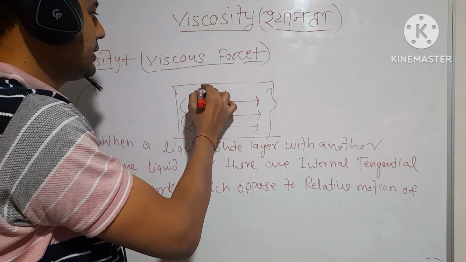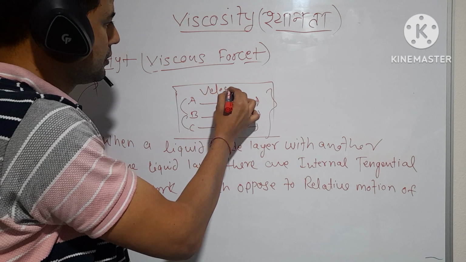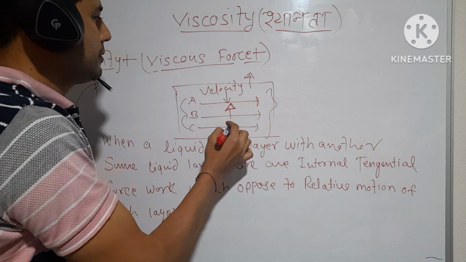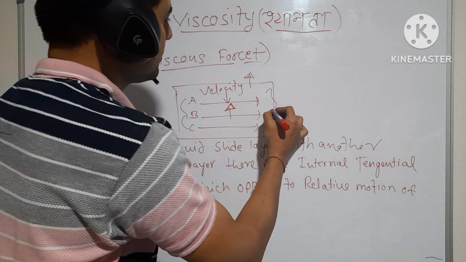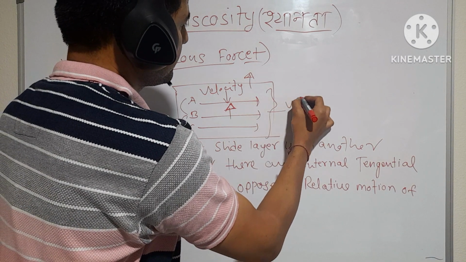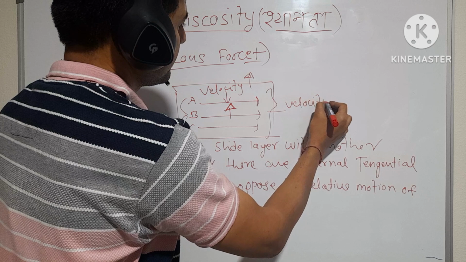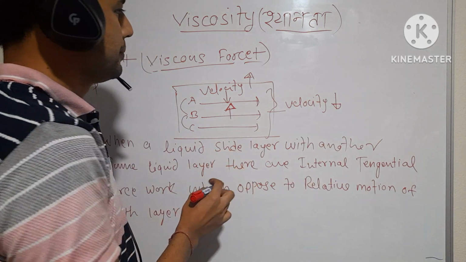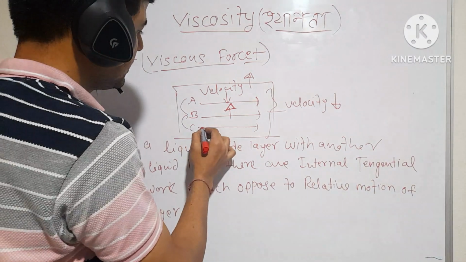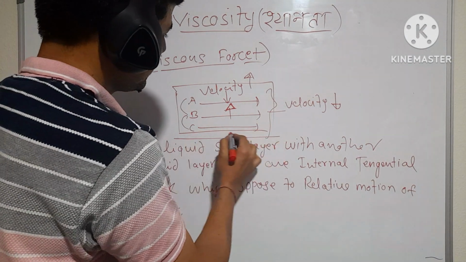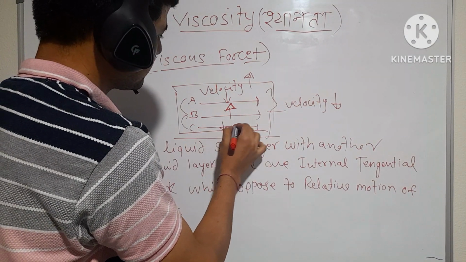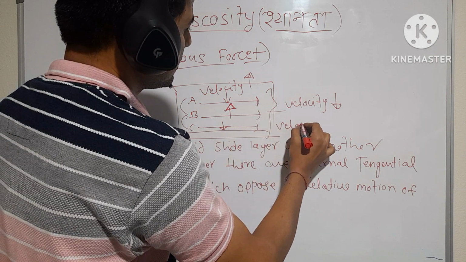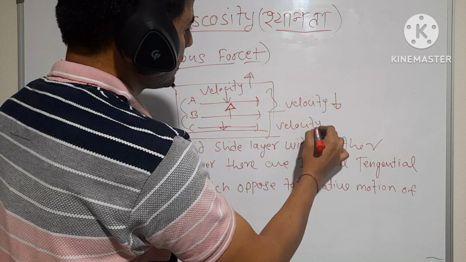This layer velocity is more than this one, and this velocity is less. And if this layer touches the surface directly, then this velocity is always less.